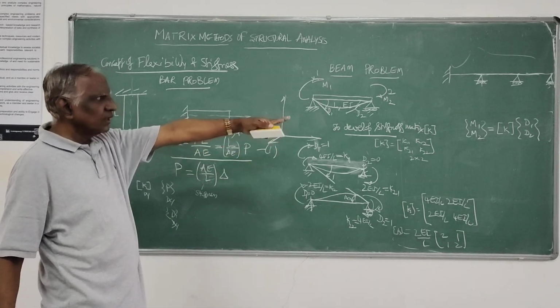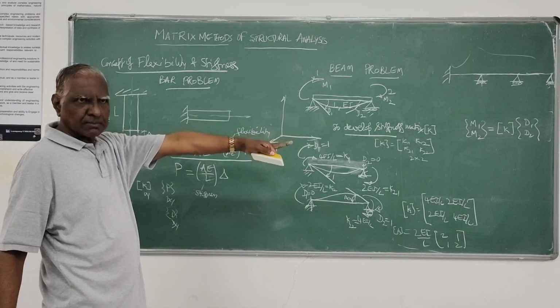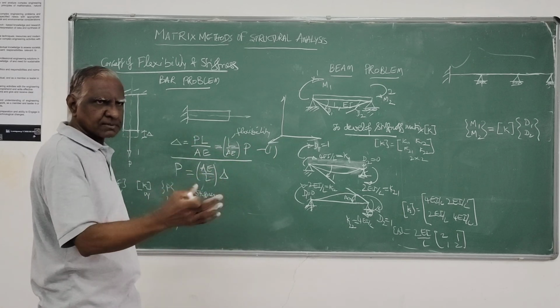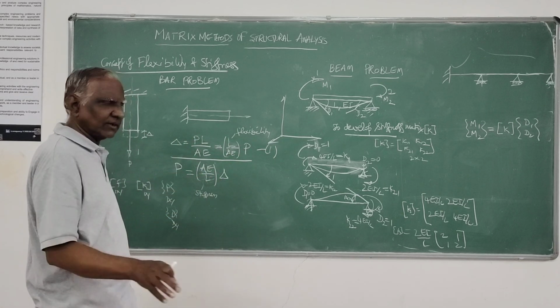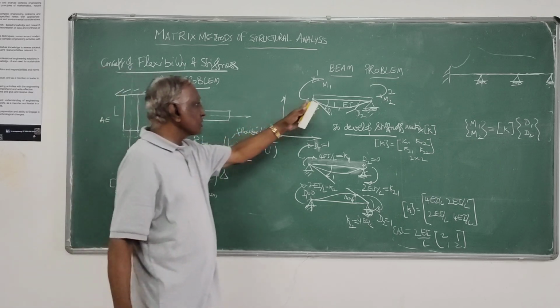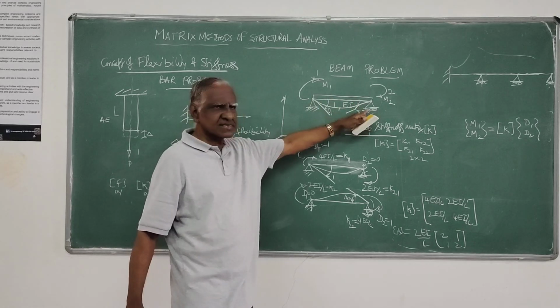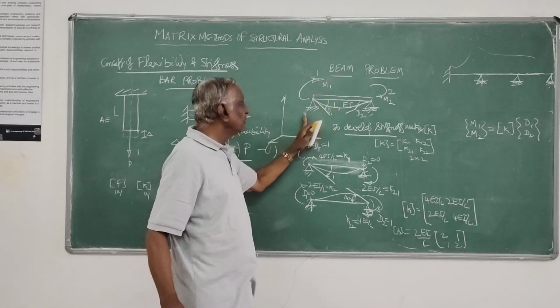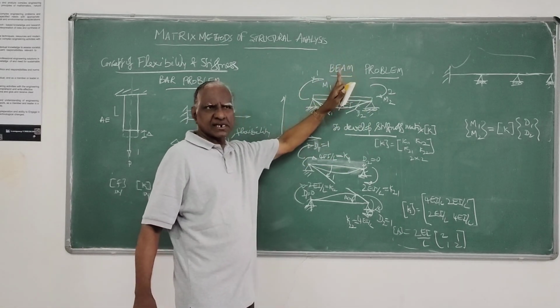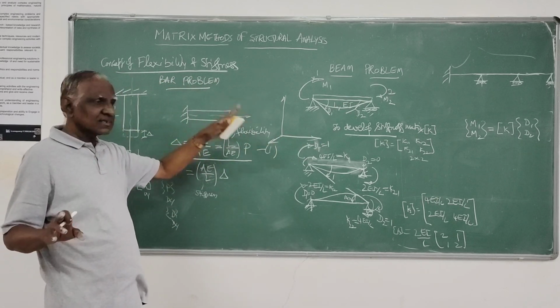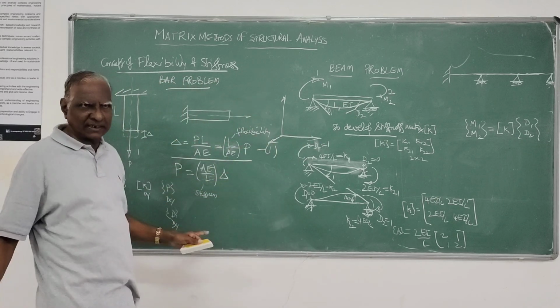So using this, you determine the displacement first, then take the force displacement relationship, that is the slope deflection equation, and arrive at the forces MAB, MBA. Once this is known, whatever load is there, find out the shears also. That is the basic principle of the matrix stiffness method of analysis.